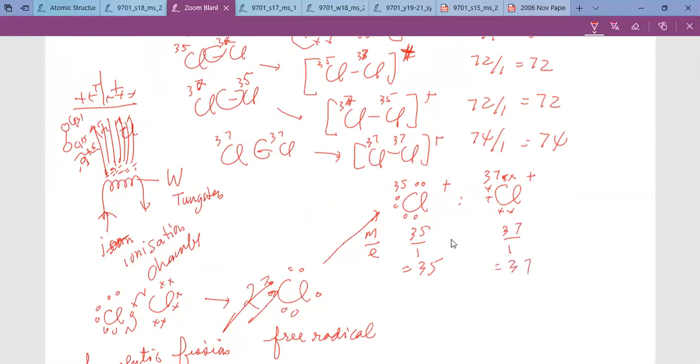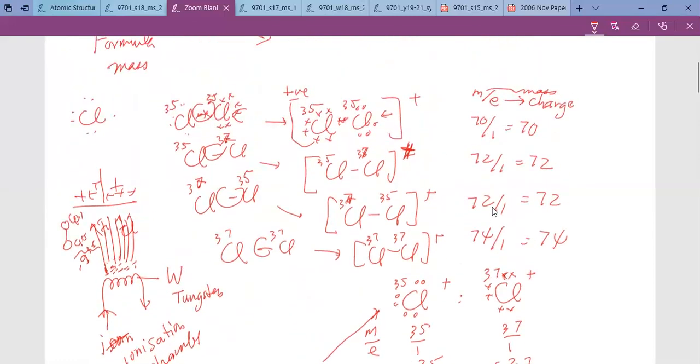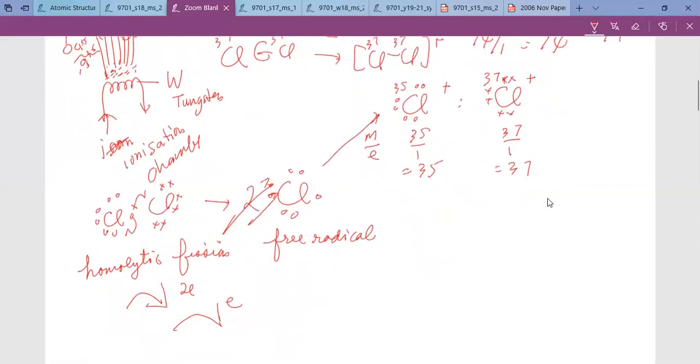So remember, there are 4 values here. It's only 70, now 72, and these two contribute to 74. So actually there are these readings here, and this one will contribute to 37 and 35. All these readings will be recorded.